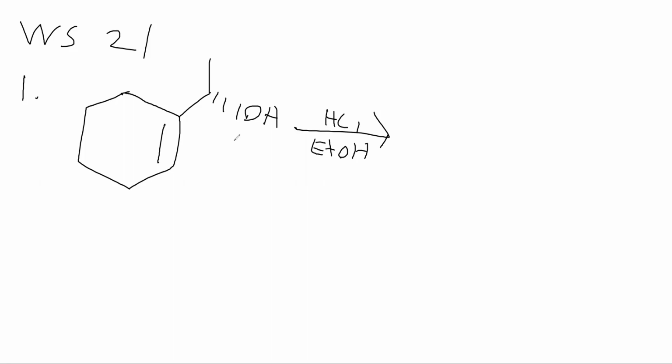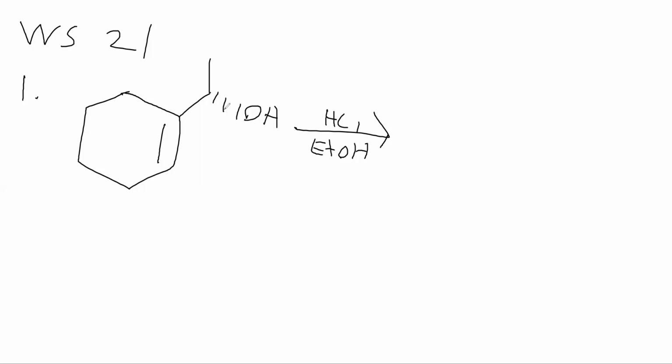So for this reaction here, can anybody tell me if it's going to be SN1 or SN2? Yep, and the reasoning for it being SN1 is, well, the first thing, like I said last week, you should look at the substrate.